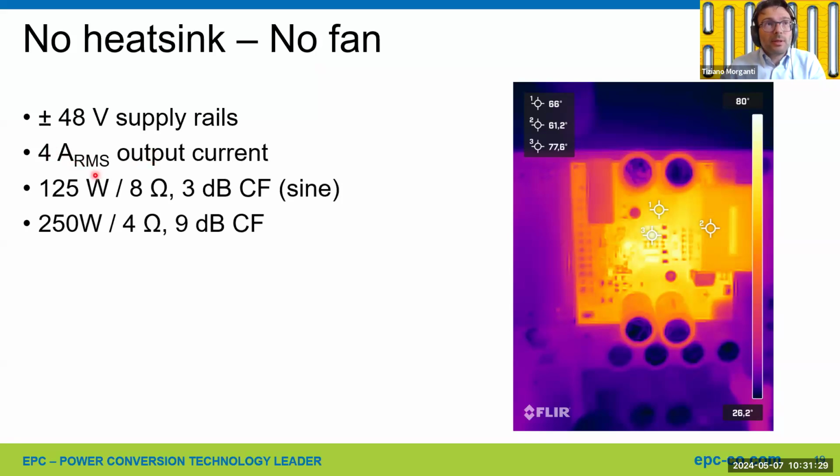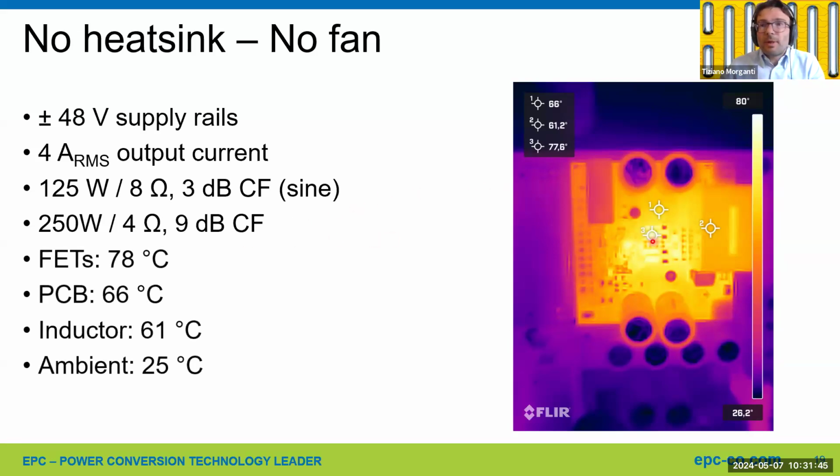So this is 125 watts on 8 ohm sine wave power, or 250 watts on 4 ohm, 9 dB crest factor. You can see the temperature of the FETs is about 78 degrees. The PCB is 66 degrees, close to the FETs here. The inductor is 61 degrees and the ambient was 25.